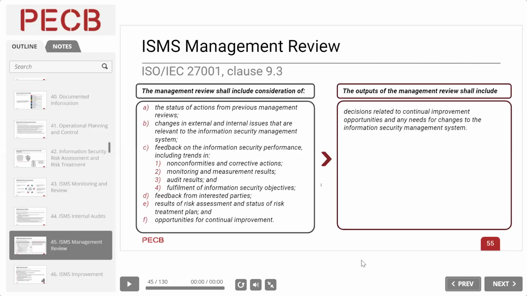Then monitoring and measurement results, audit results, fulfillment of information security objectives. Information security objectives are outlined at the very beginning, and it's given by management. Management has to outline what our information security objectives are. Why are we doing this?